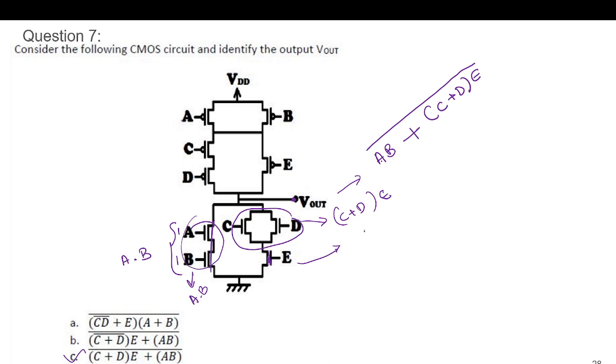So it is like an OR operation, C or D, and with that E should be on for having a path to ground. Now this or this, any one, C plus D, E. If any one of the paths is on, then we will have a path to ground. So this will be the logic, and this is providing a path to ground, so it is complete.